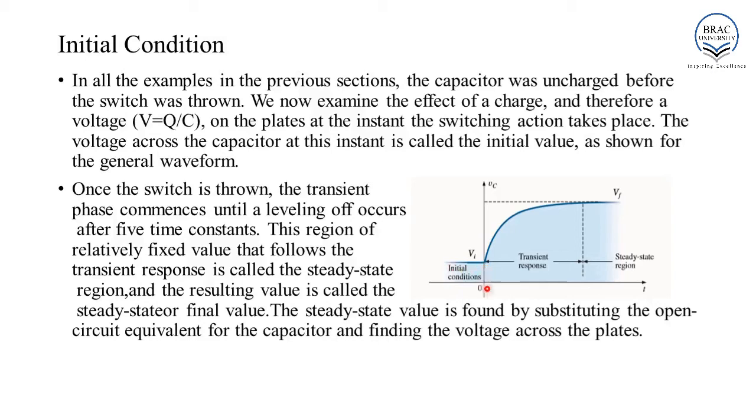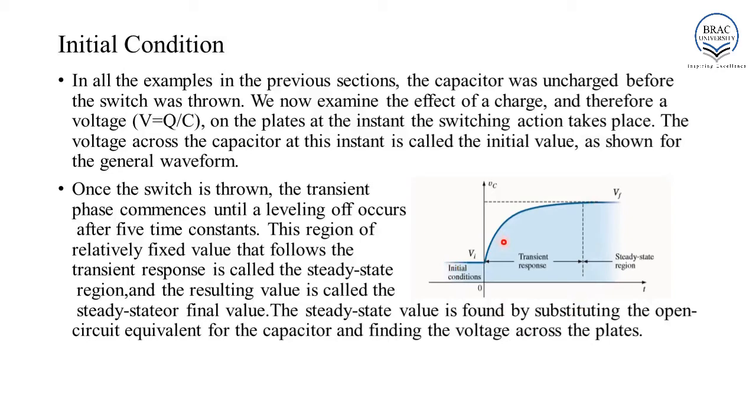Hence, when the switching action takes place, the charging phase graph will start from here and will move towards the supply voltage level. This time period is known as the transient response. And from this point onward, the steady state region will start. And from this point beyond, the initial conditions exist.